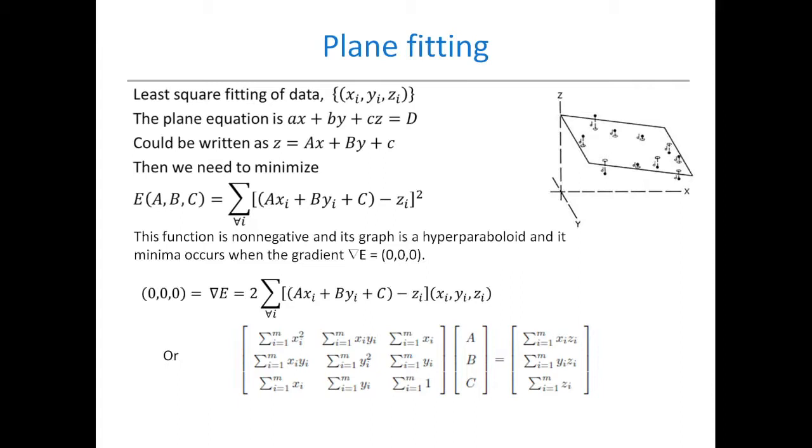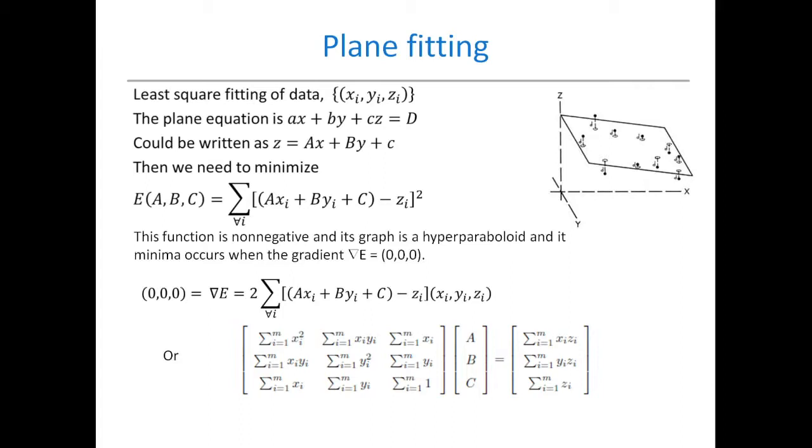So if we take the gradient, pretty much we can compute the gradient to be 0. This is the gradient, pretty much differentiating with respect to the variables. Then we can write this in matrix form, which is pretty much a linear equation that could be easily solved.